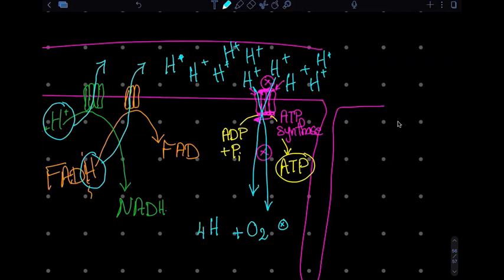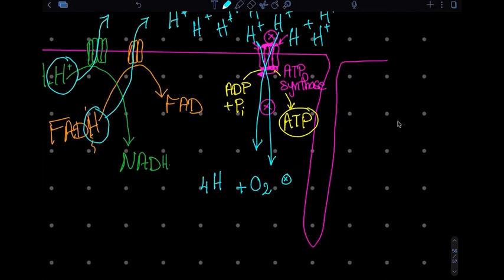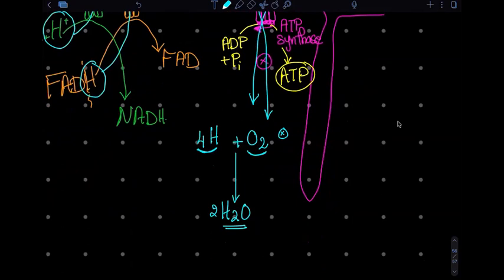So all the time you're going to be binding this hydrogen to the oxygen that you're breathing in order to form water. And this is the metabolic water that we have been talking about. The water that gets produced as a byproduct of the metabolic reactions.